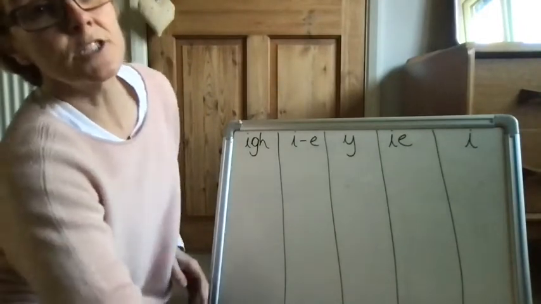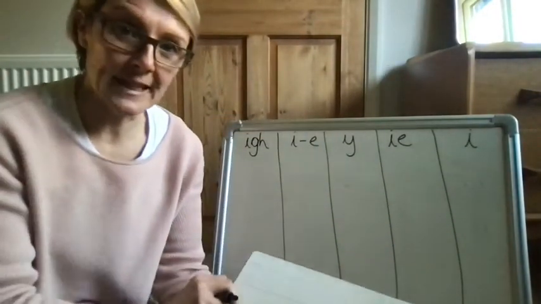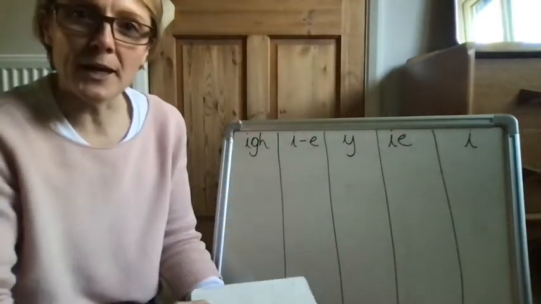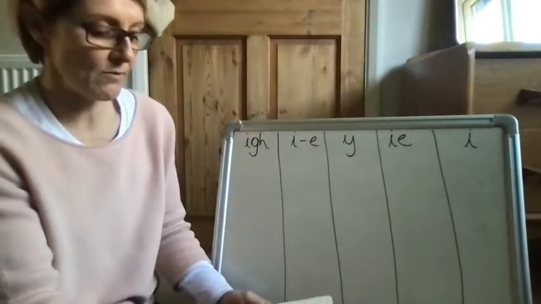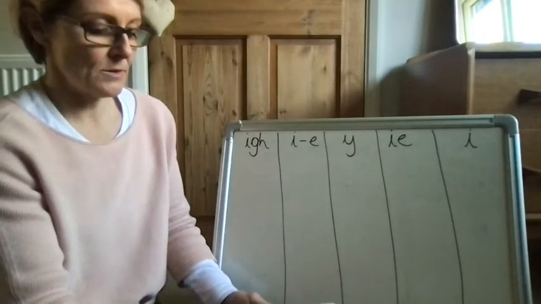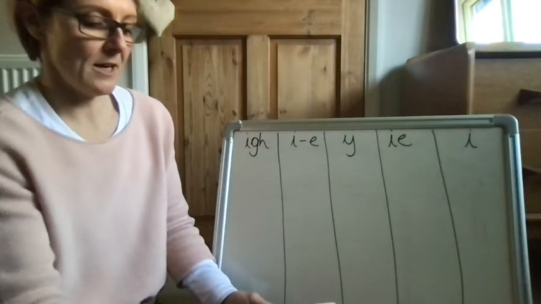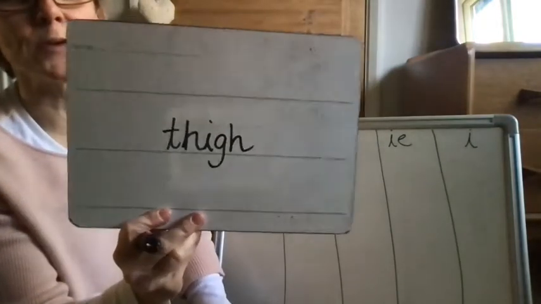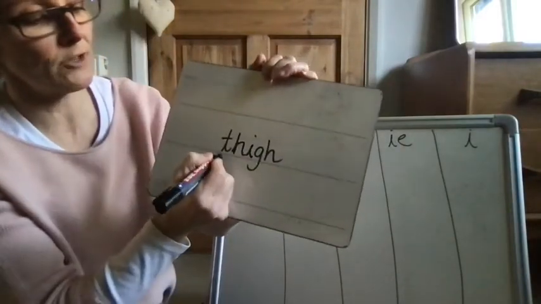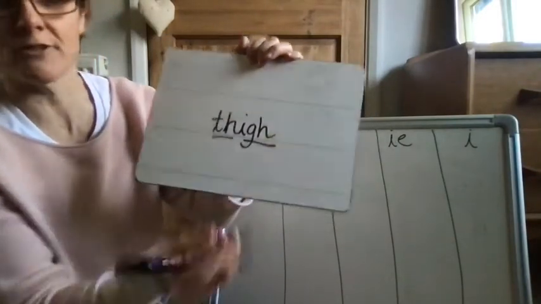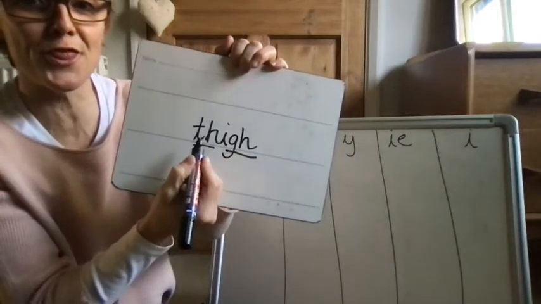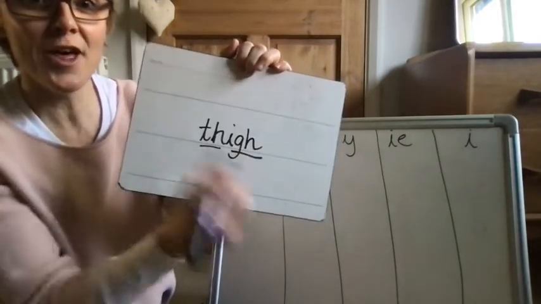So I'm going to do a similar thing to what I did last phonics lesson. I'm going to write a word on the board and I want you to tell me which spelling of I we've used. So let's try this. I just said an I word, but we're not trying try. We're doing this one. What's this word? It's got a digraph and a trigraph in it. So it's thigh.